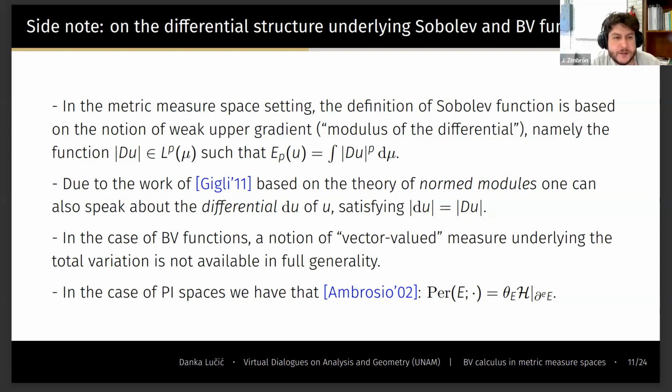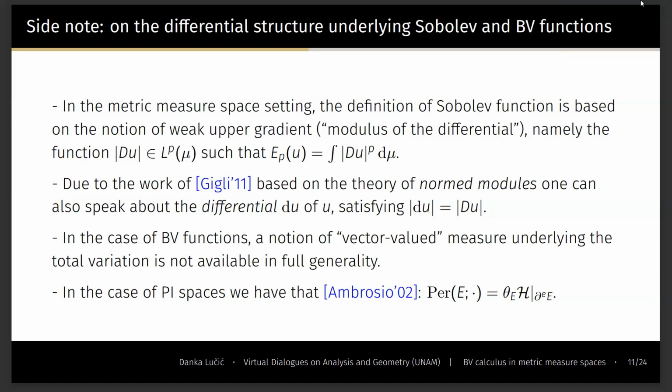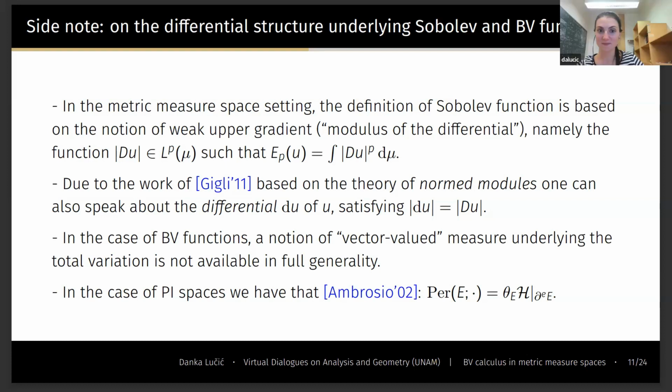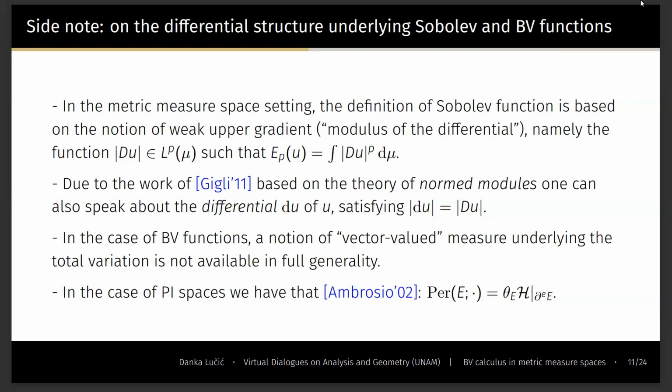I think Juan Carlos has a question. Yes, thank you very much, Danka, for your beautiful talk. I have one question. I am not an expert in these metric measure spaces, but do you think that your Sobolev extension results could translate to the setting of higher order Sobolev spaces or fractional Sobolev spaces?